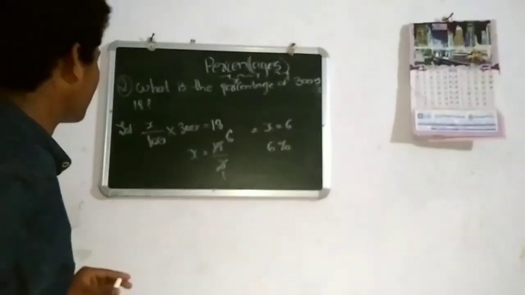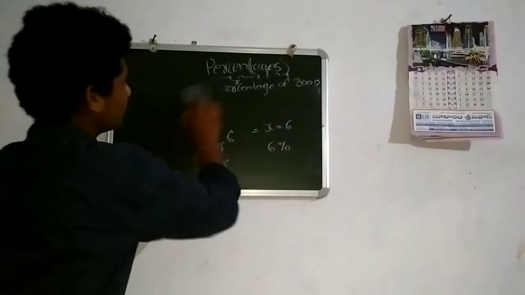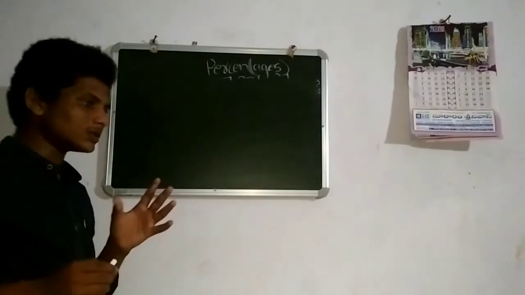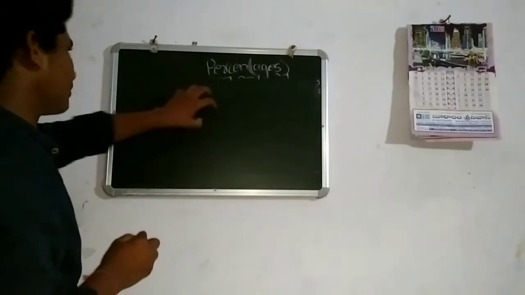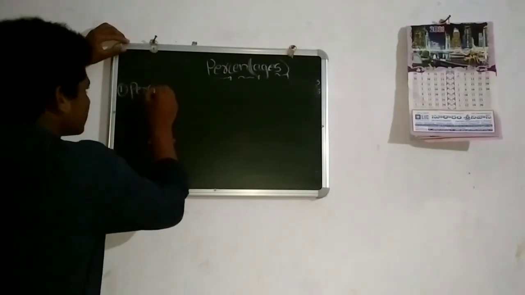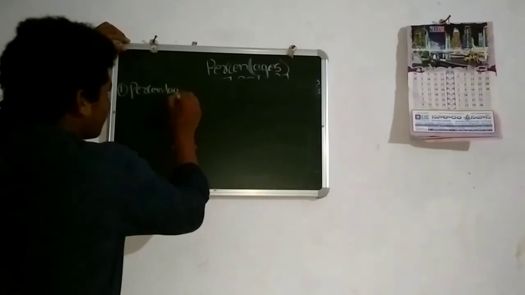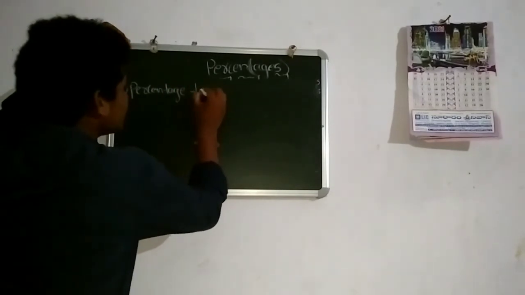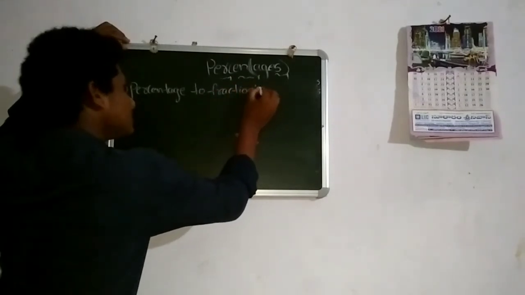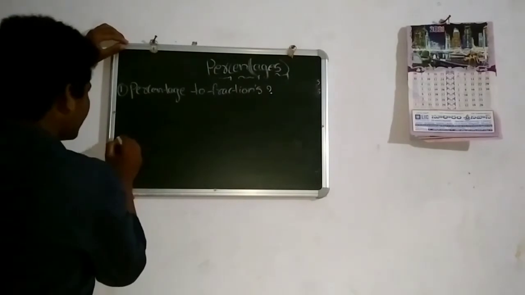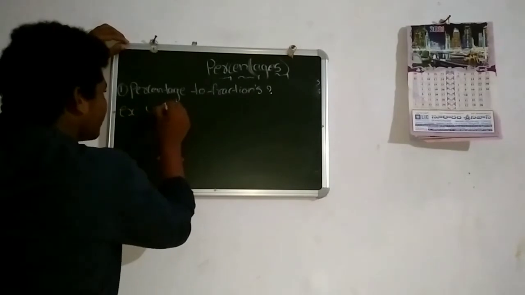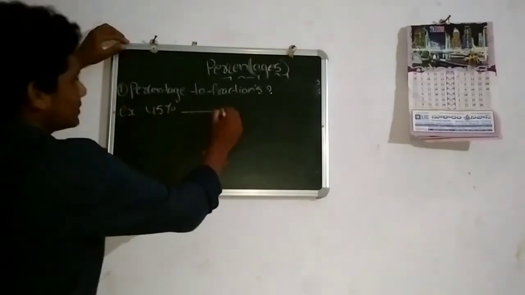Okay, our third word problem. We know some equations we are going here. First one: percentage to fractions. Example I take 45%. This is my question.